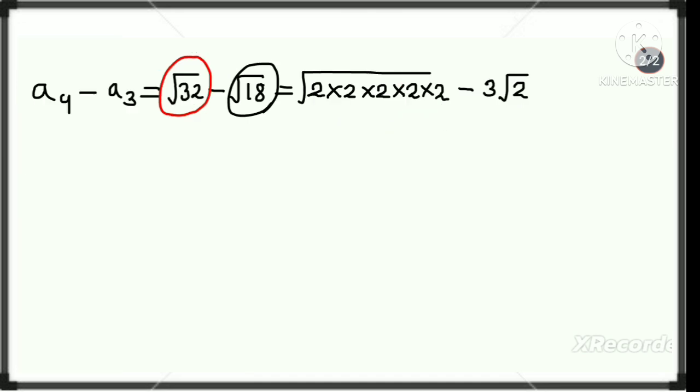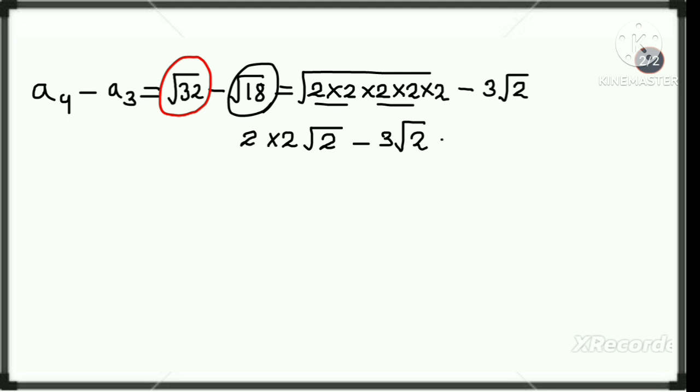So here this 2 has a pair and this 2 also has a pair, so it can be taken out. 2 into 2, and here remains root over 2 minus 3 root over 2 as it is.